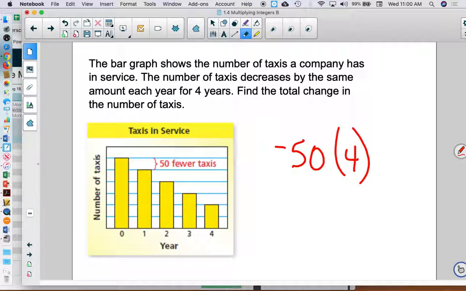So what is the total number of change? What's it going to be, Zach? Negative 200. Negative 200 taxis.